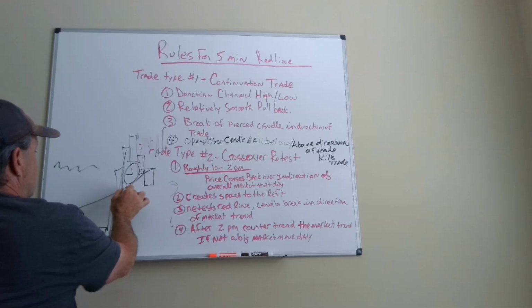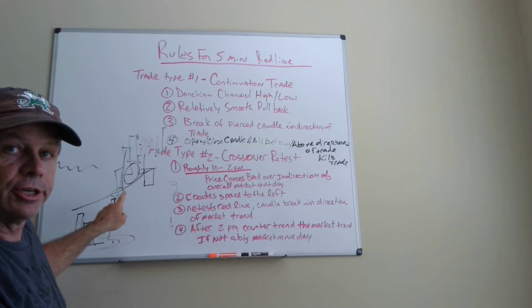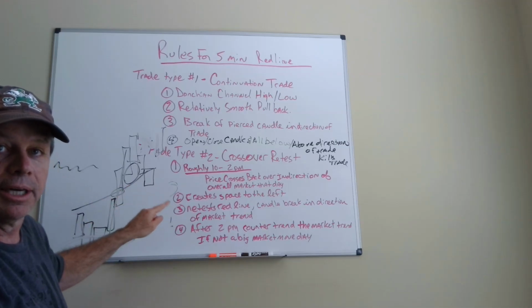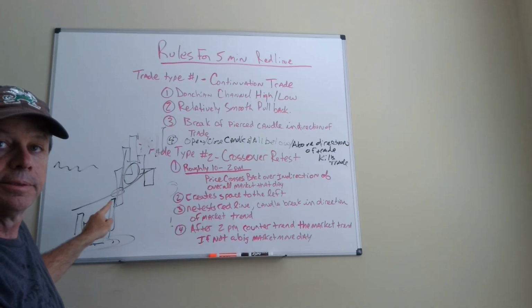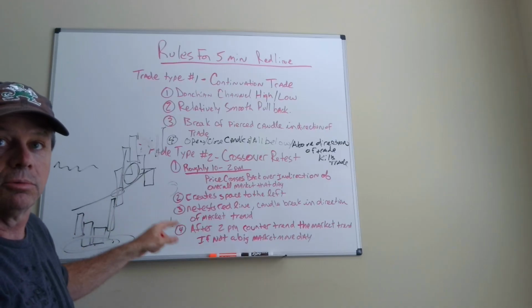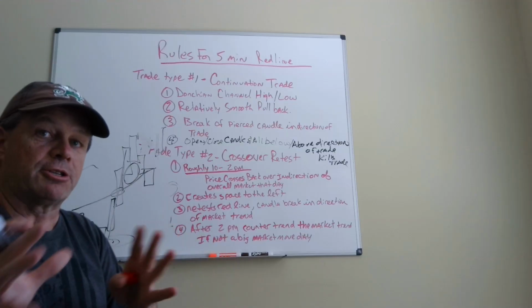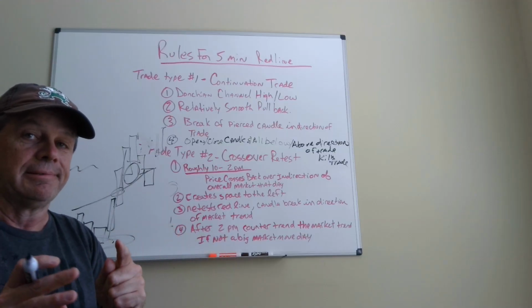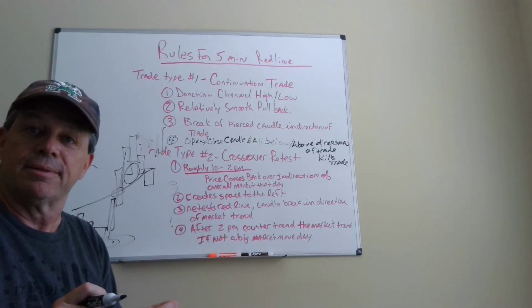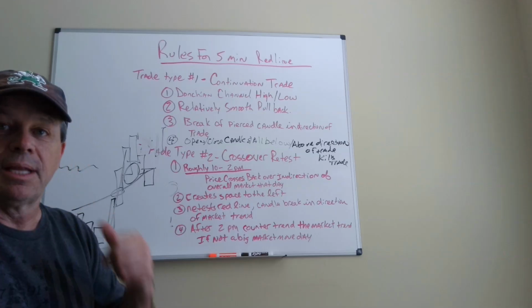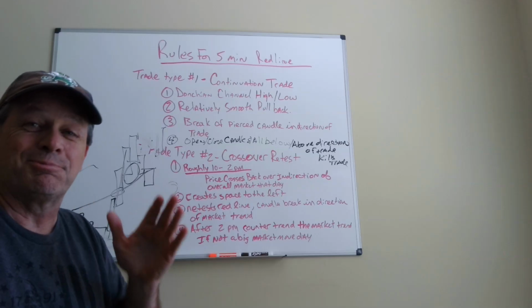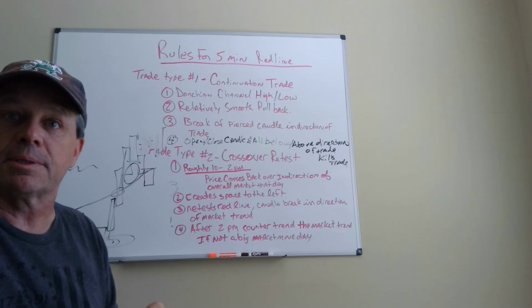Now, there'll be a battle going on right here. Trust me, there'll be a battle going on right over here, as it's trying to go back through. Which actually is probably a good thing, because some shorts are trying to get in. That's when the bigger money knows they've got them trapped.